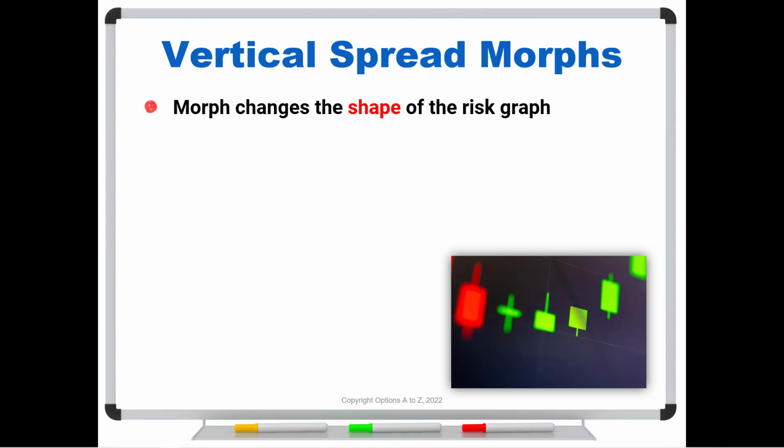But the thing that I wanted to talk about here, mostly for the vertical spreads, is that debit spreads morph in the same direction. Sometimes you'll hear traders say that debit spreads morph in the right direction. And what that means is that if you were bullish before, you are going to be bullish after the morph. In other words, that underlying has moved in the same direction as your initial outlook.